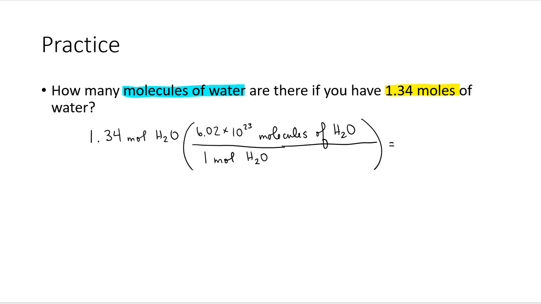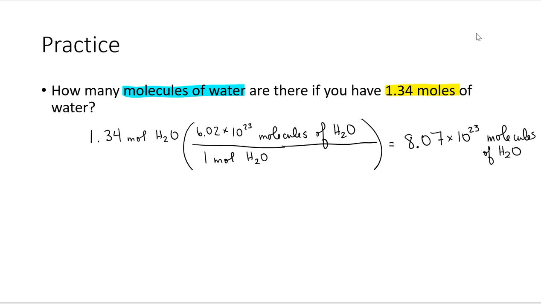Here we have molecules of something. It doesn't matter. It's just that conversion. 1 mole contains 6.02 times 10 to the 23rd of anything. So this would be 1.34 times 6.02 times 10 to the 23rd, 8.07 times 10 to the 23rd molecules of water.